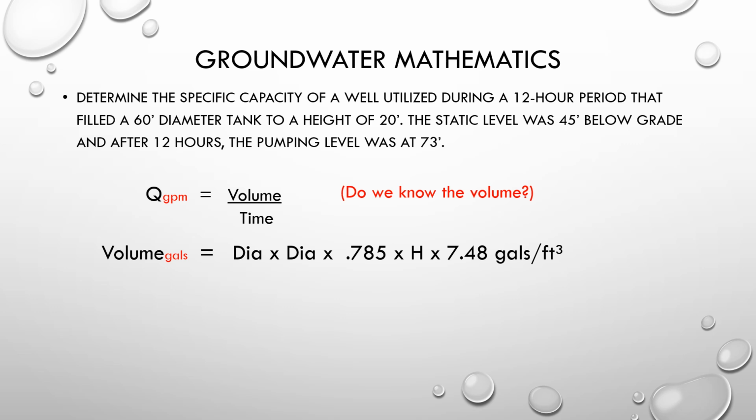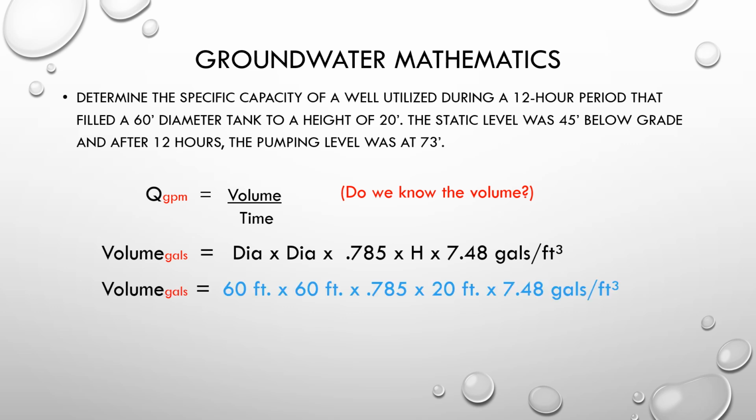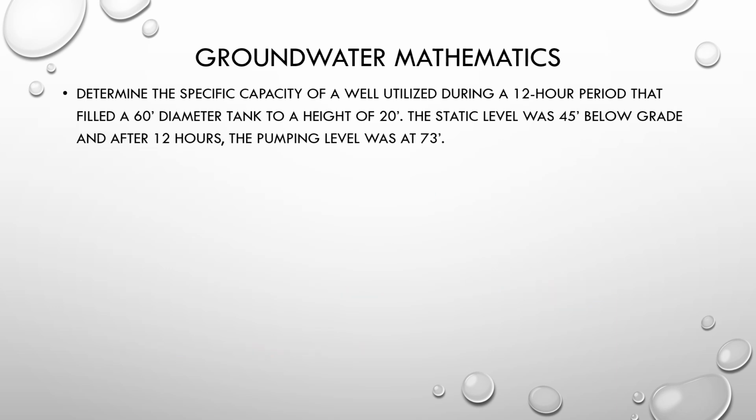You plug in the numbers, so 60 times 60 times 0.785 times 20 times 7.48 is going to give you 422,770 gallons.